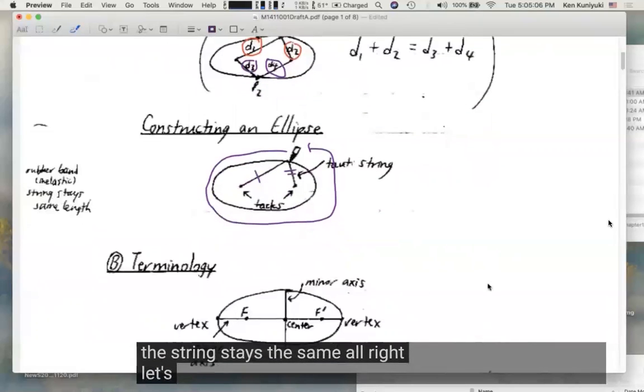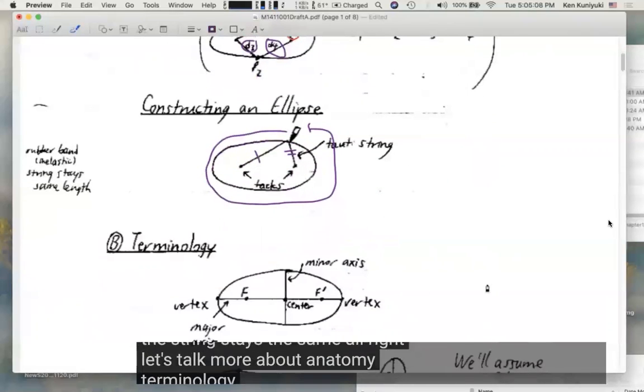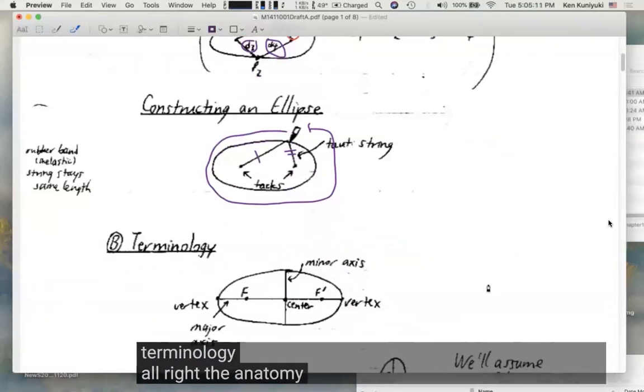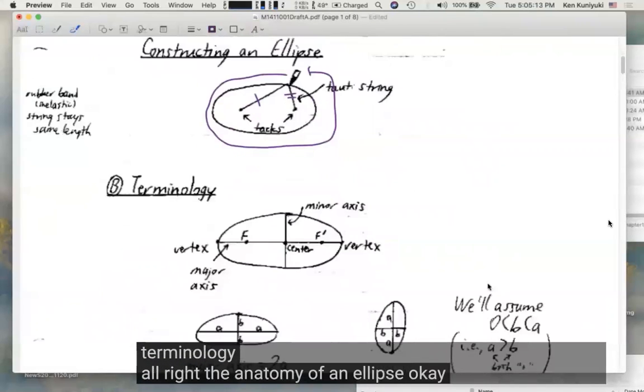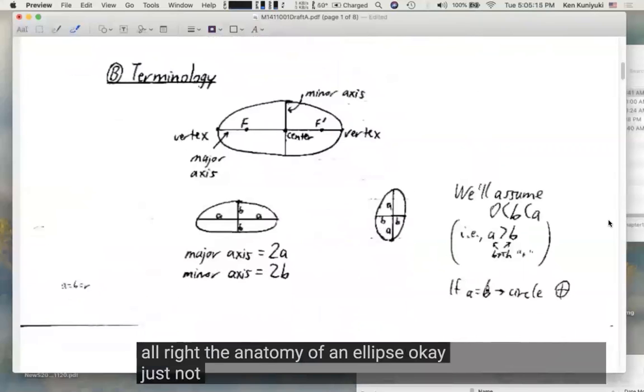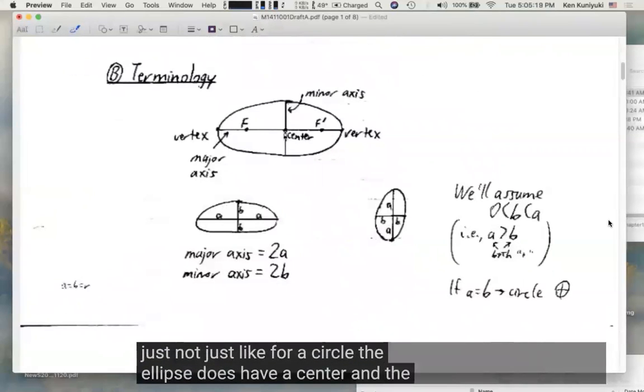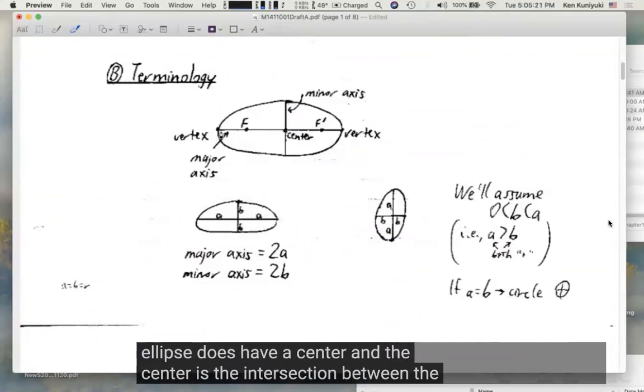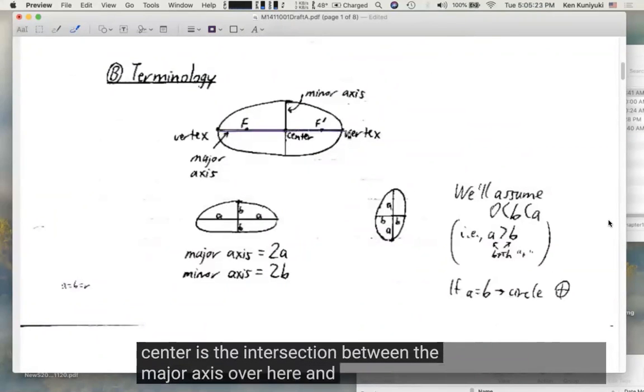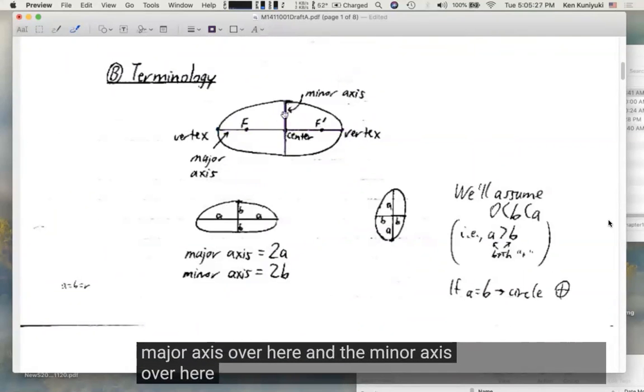All right, let's talk more about anatomy, terminology. The anatomy of an ellipse. Just like for a circle, the ellipse does have a center. And the center is the intersection between the major axis over here and the minor axis over here.